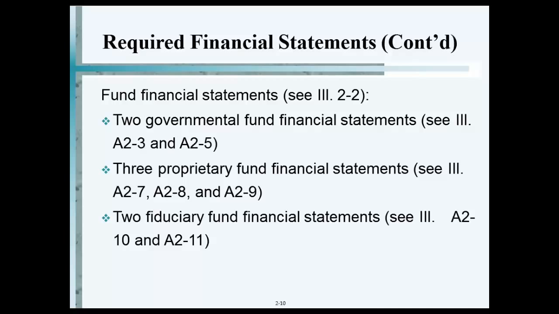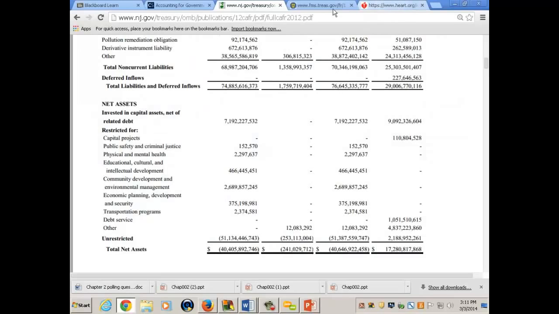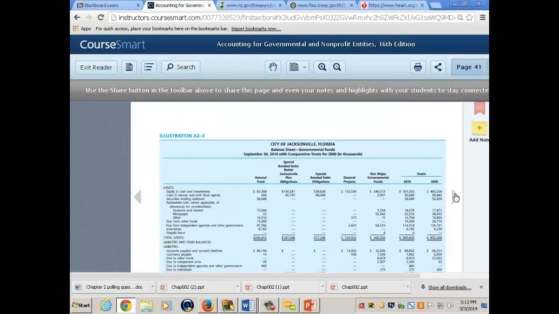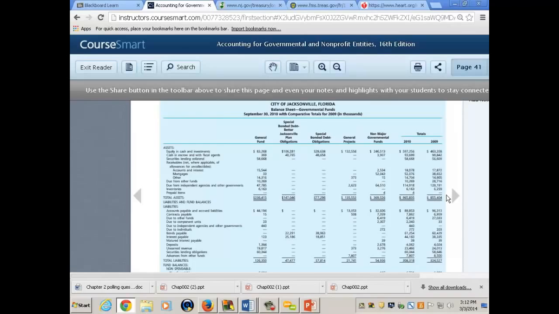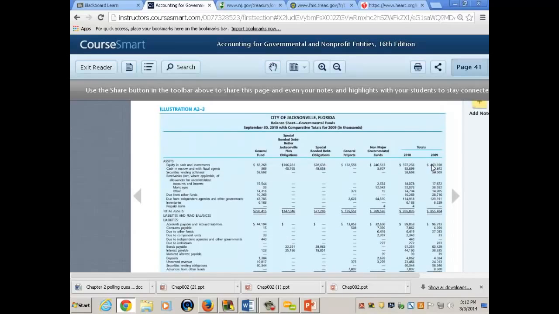And it's really not that difficult because let's go back to our statements again. Notice the title of the statement. What is the title of the statement? Balance sheet, governmental funds.